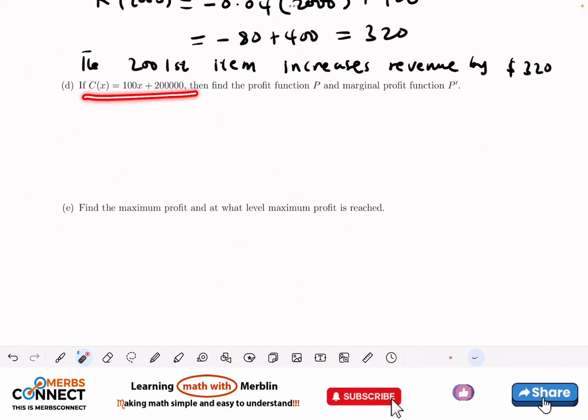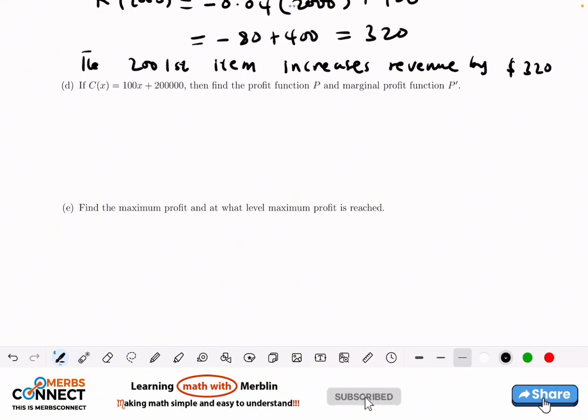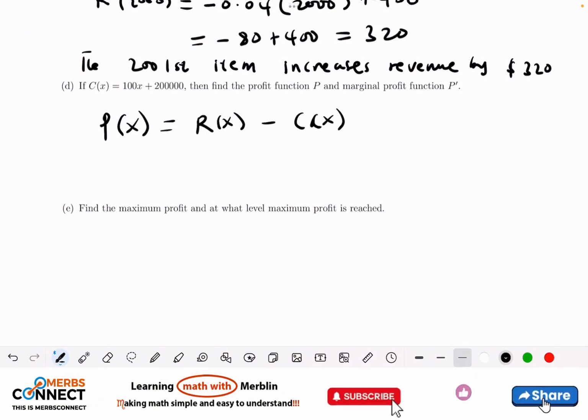Now here we have the cost, and we want to find the profit function. Anytime they want you to find something like a function, it means that your function should be in terms of x if the function given to you is in terms of x. So now what is the formula for finding profit? We know that profit is equal to revenue minus cost.